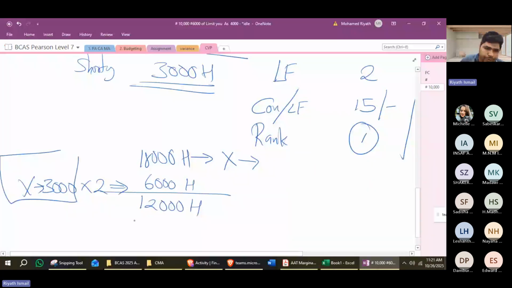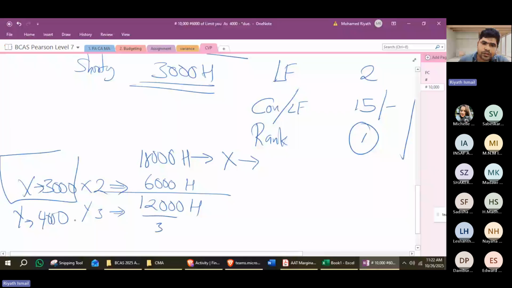To produce 1 unit of Y requires 3 hours. Then how many units can we produce of Y using 12,000 hours? 4,000, because 12,000 divided by 3 equals 4,000.